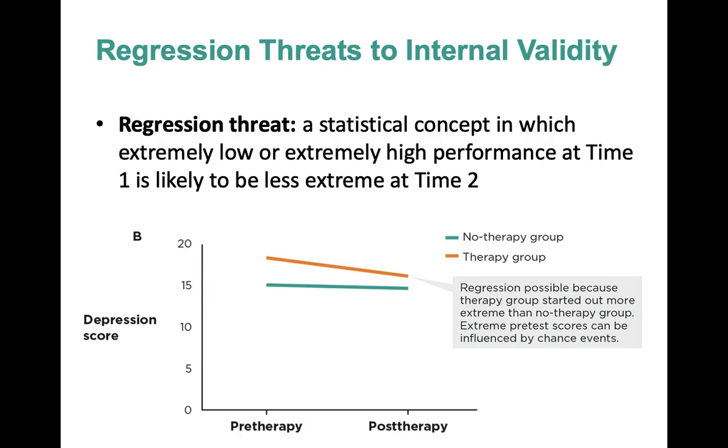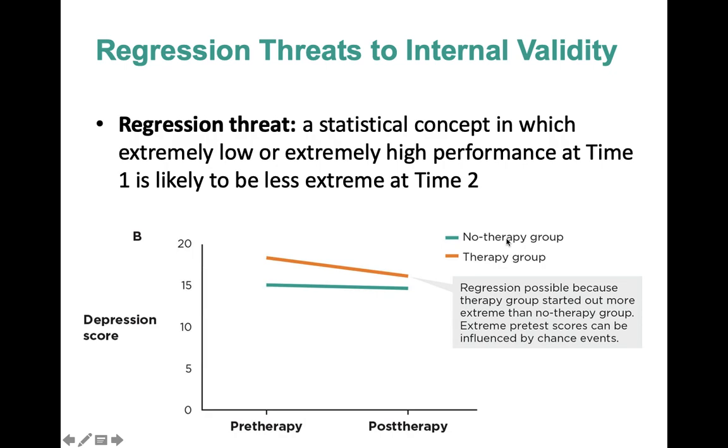Okay, so regression here is just the idea that people are moving back to their average. And so what we see in a pattern here, even with a no therapy group, is the idea that our therapy group could have regressed to the mean.